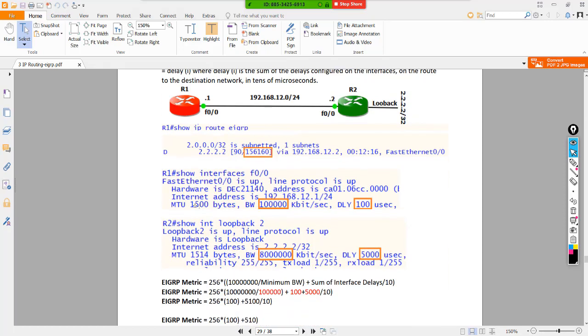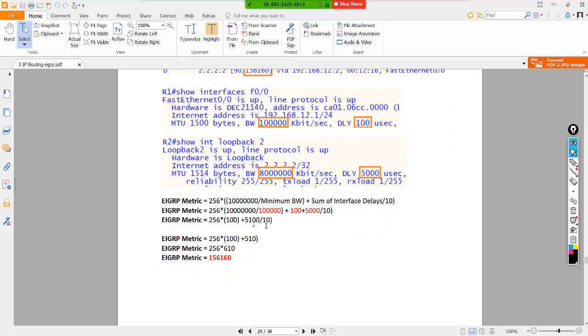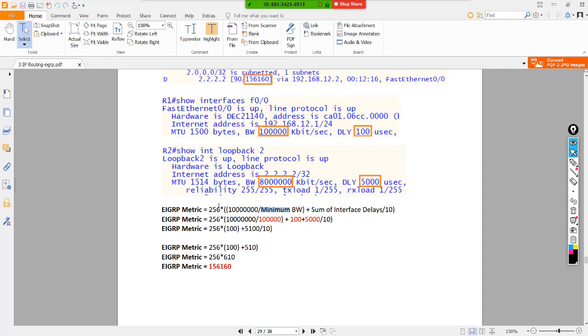Again, some quick examples to see those values. This is your metric bandwidth, this is your delay. You will have the formula over here which I have shown you, so that you can go through the mathematics. So how did you get this metric 156160? What I'm trying to show is how you get this value by this calculation.